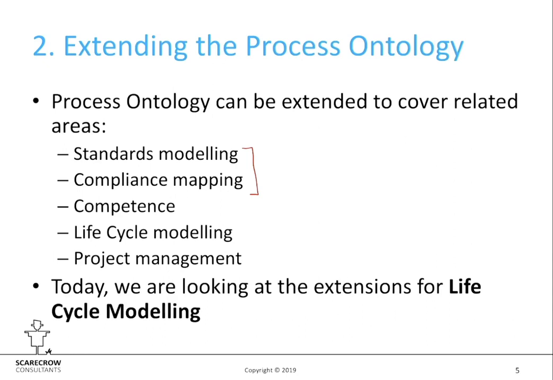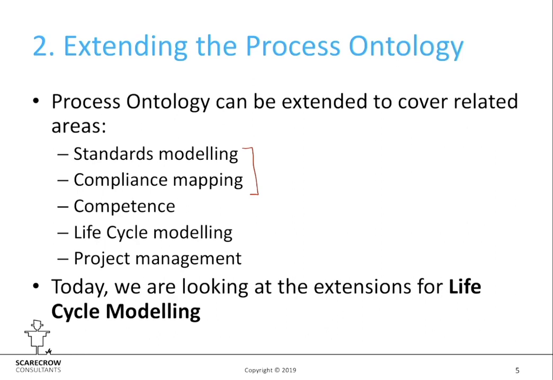So the exact same approach with that ontology and the 7 viewpoints that we talked about last week to capture process content and structure and behaviour and flow of information and stakeholders, etc. We can use exactly the same approach to model standards, for example, particularly if those standards are process based.